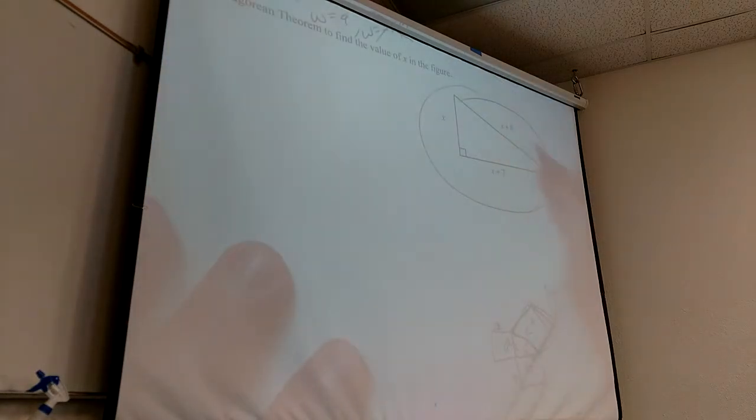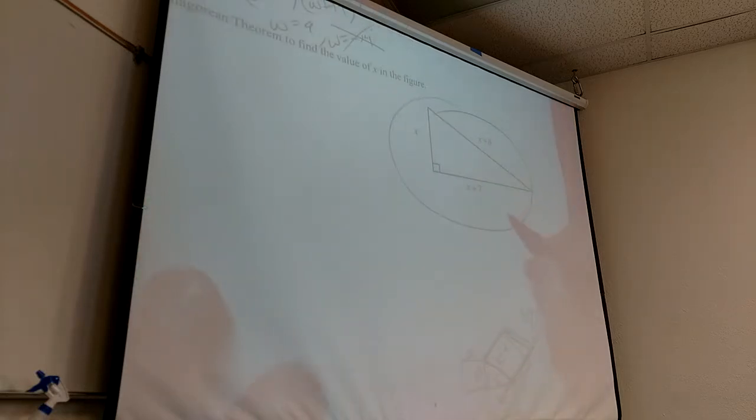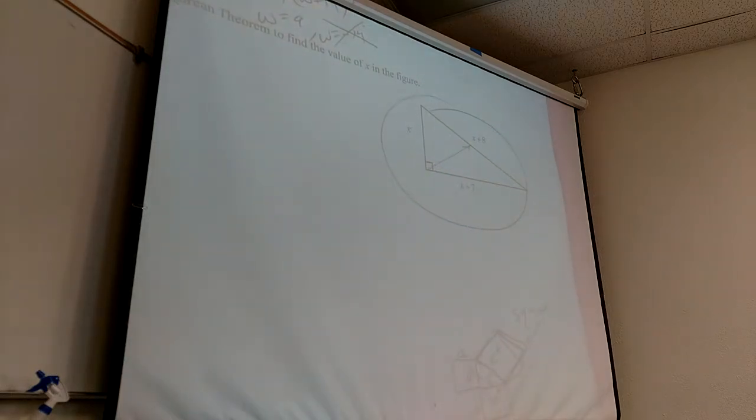So what would it be for this? What's the most important side in this triangle? The hypotenuse. Which one is the hypotenuse? The one that's across from the right angle, that's the largest angle, is going to open up to be the largest side.